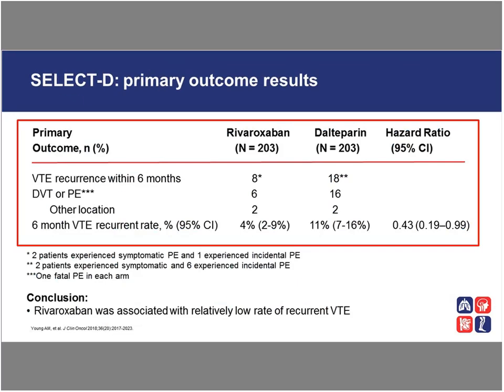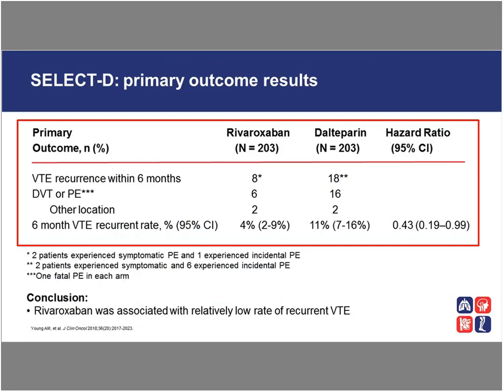And on the next slide, we see that at the 6-month mark, the rate of recurrence of VTE was 4% in the rivaroxaban group versus 11% in the dalteparin group, for a hazard ratio of 0.43, but as a result of the small sample size, the confidence interval is quite wide, from 0.19 to 0.99.